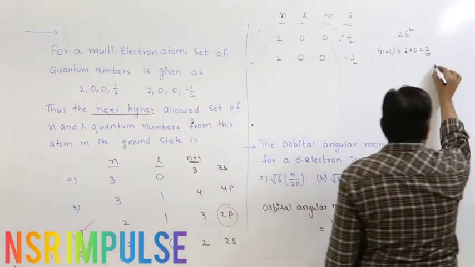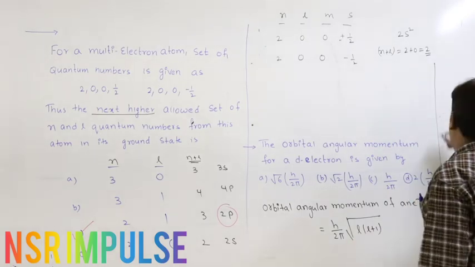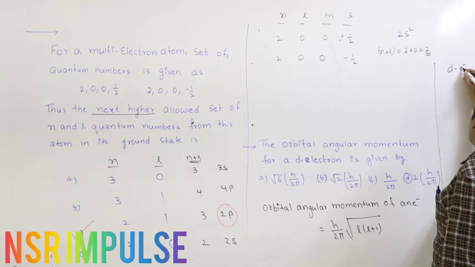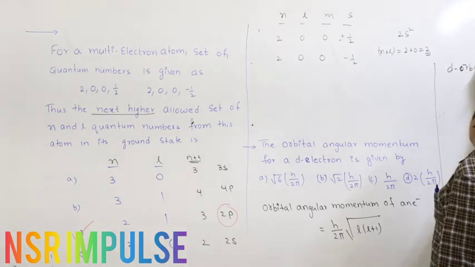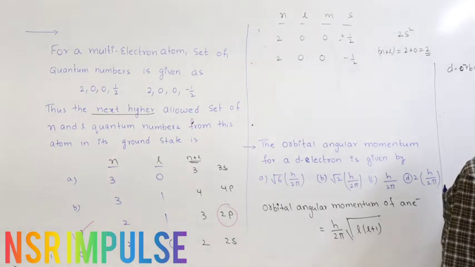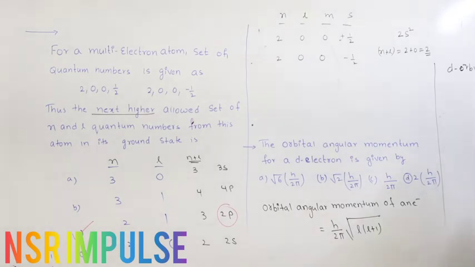Which electron are we talking about? A d electron. For a d orbital, what is the l value? For s orbital it is 0, for p orbital 1, and for d orbital the l value is 2.